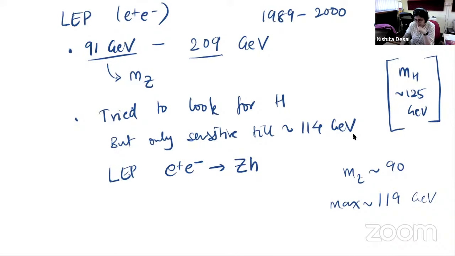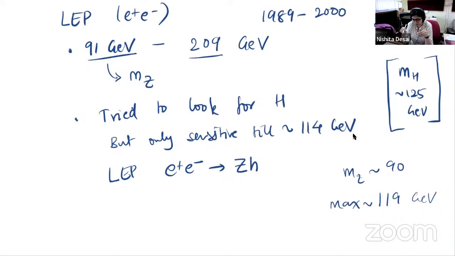If you have only just enough energy to produce the particle, then you don't have a lot of phase space to integrate over, so your total cross section is very, very small. To produce enough of them that you will actually see them, you have to have enough phase space as well.